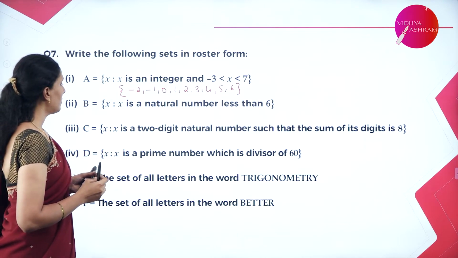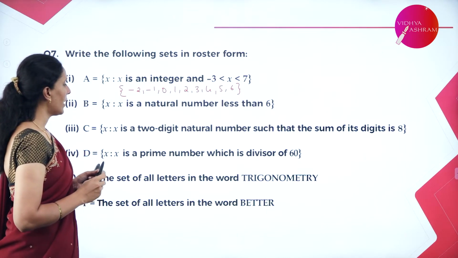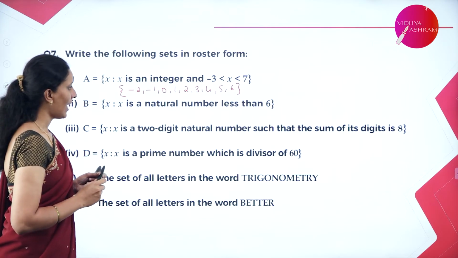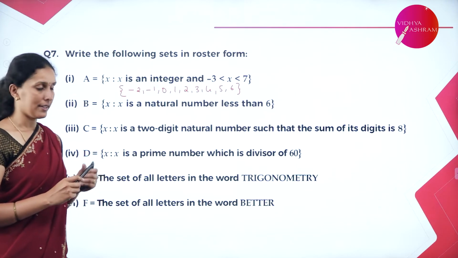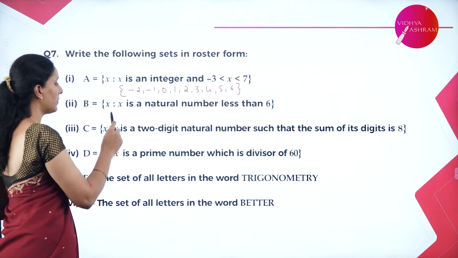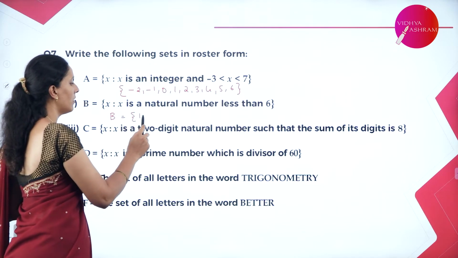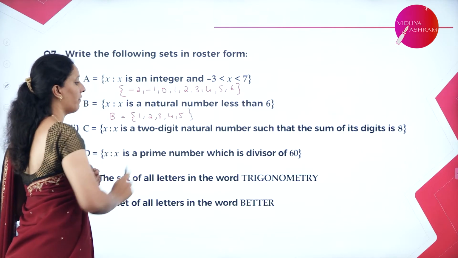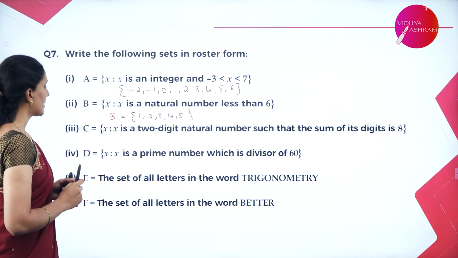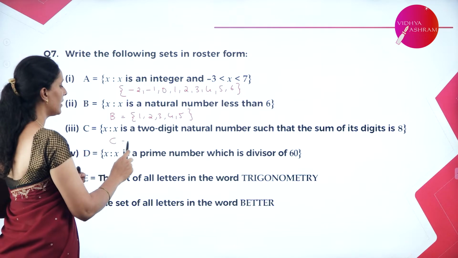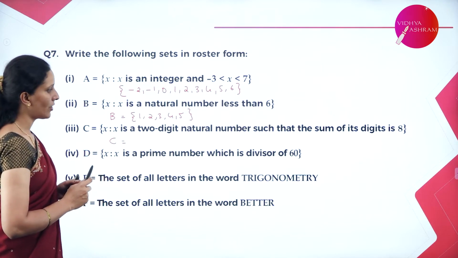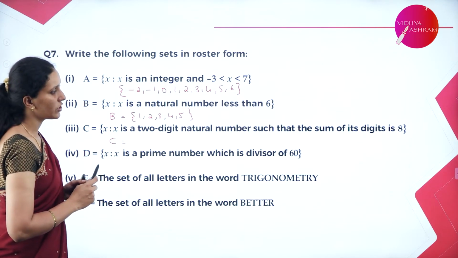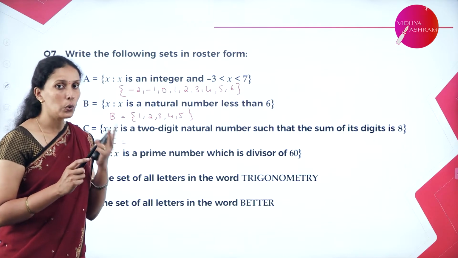Next, set B is equal to x such that x is a natural number less than 6. So natural numbers always start with 1, and less than 6 means we can take until 5. Next, set C is such that x is a 2-digit natural number such that the sum of its digits is 8. We need to take 2-digit numbers.